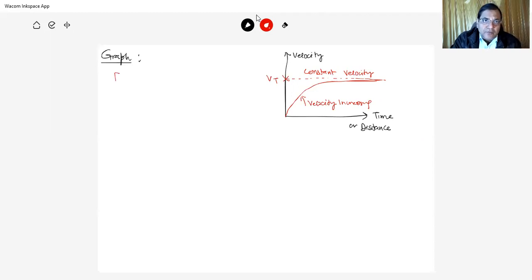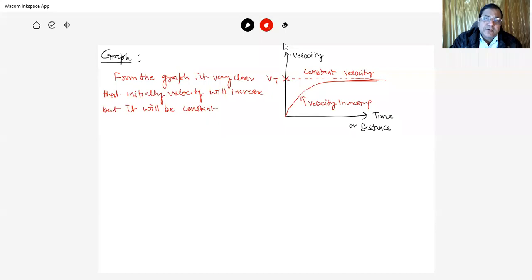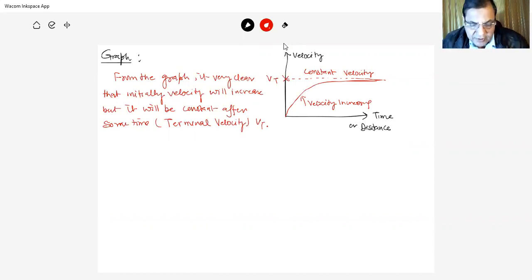This constant velocity is Vt. From the graph it is very clear that initially velocity will increase, but it will be constant after some time, and this is known as terminal velocity Vt.